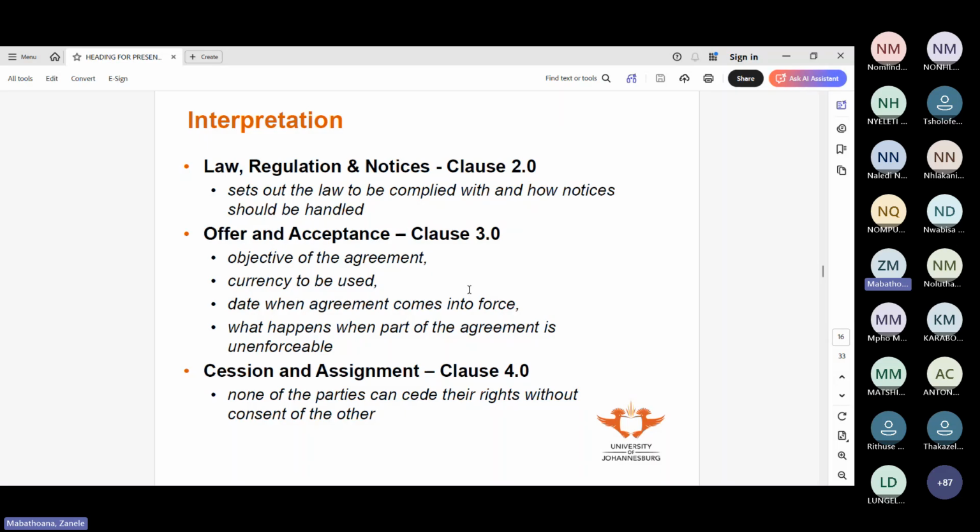Clause 2 deals with the law, regulation, and notices. So it's about 4 subclauses, 2.1 to 2.4. It sets out the law to be complied with and how notices should be handled. Basically, the contractor will comply with the law of the country where he's implementing.